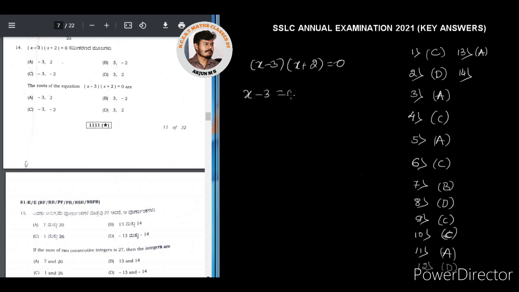Let us consider x minus 3 is equal to 0 or x plus 2 is equal to 0. Now x is equal to 3 and x is equal to minus 2 are the two roots of the given quadratic equation. So 3 and minus 2 are the answer. So option B is correct, 3 and minus 2. So next question, that is the 15th question.